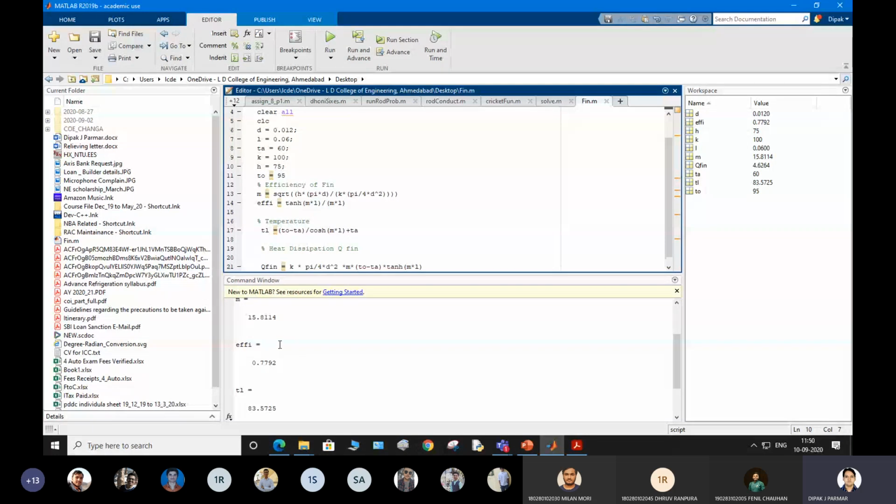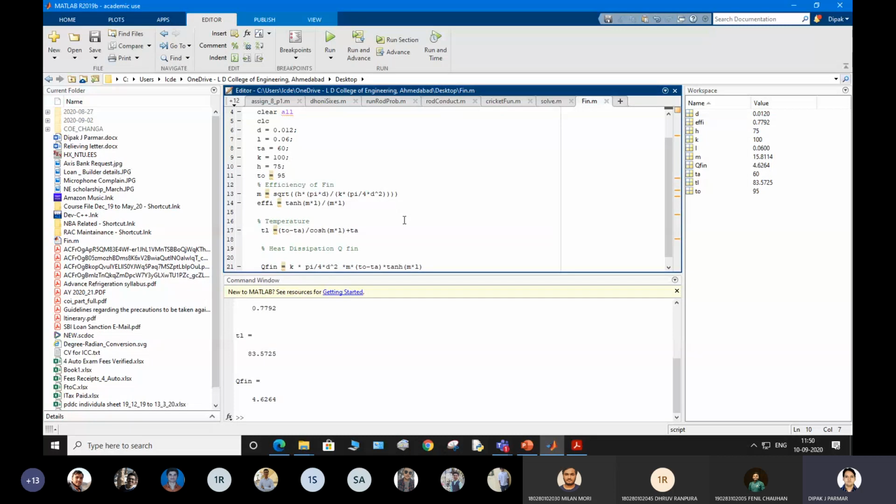Then when we changed the conductivity value from 32 to 100, your efficiency was 82%. But when your convective heat transfer coefficient increases, your efficiency decreases. So 82 to 72%. Your temperature at the tip, instead of 85, is now 83. But the heat transfer from the fin is increased from 2.7 to 3.5, and in the last case it is 4.6 something.